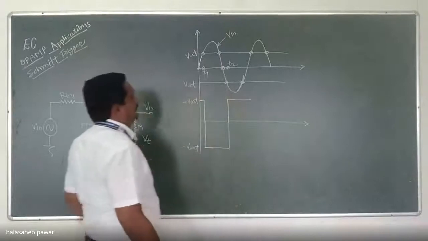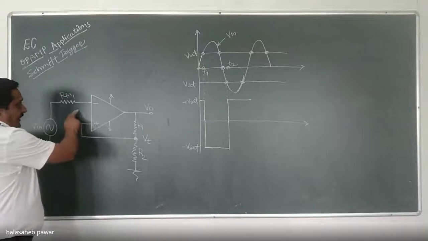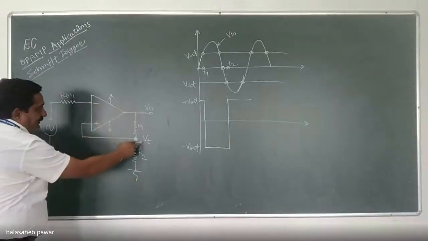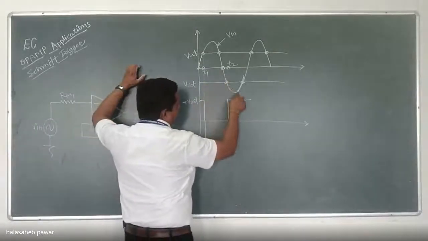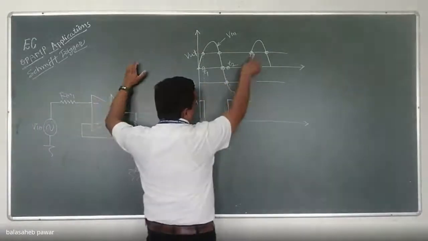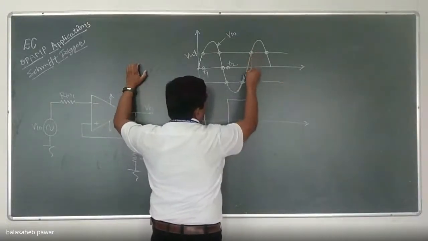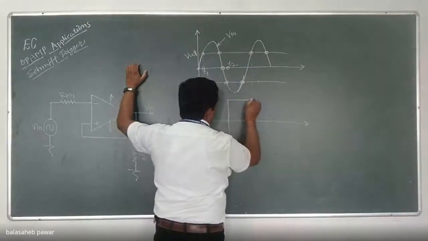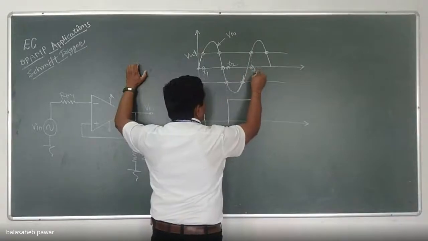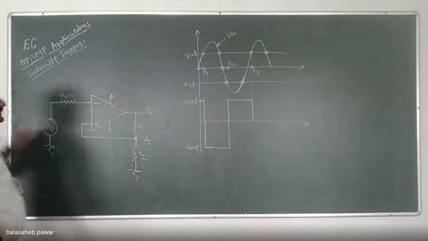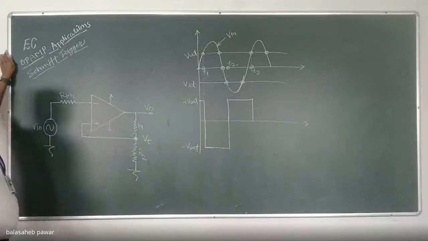And just check up to what time duration it will remain at plus Vsat, right? Now, as the output goes to plus Vsat, Vt becomes VUT, okay? The input signal is still negative, and when it comes back to positive and equals VUT, the output will remain plus Vsat. That means up to over here, the output will remain plus Vsat, and at t equals T3, we can say Vin is equal to VUT, the differential voltage will become 0 and hence the output will go to 0.